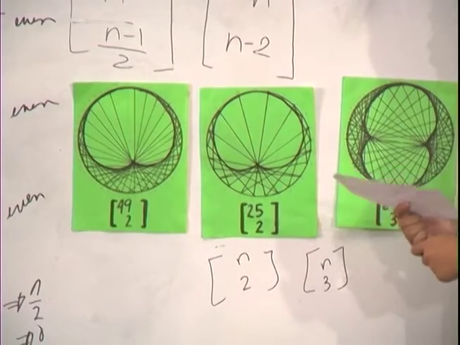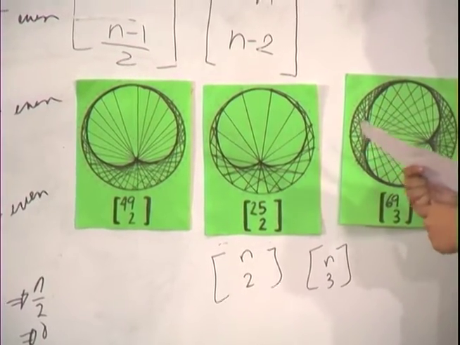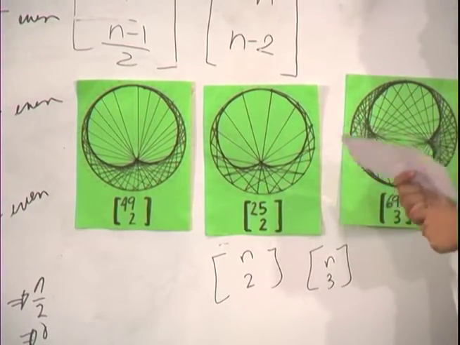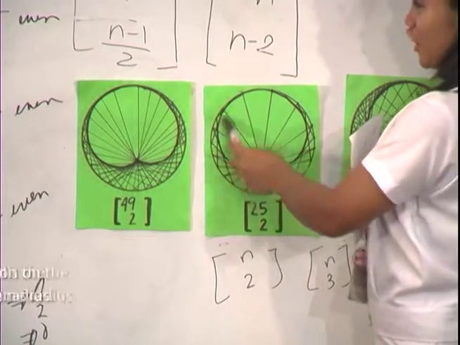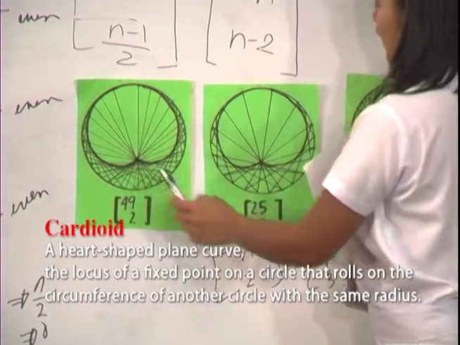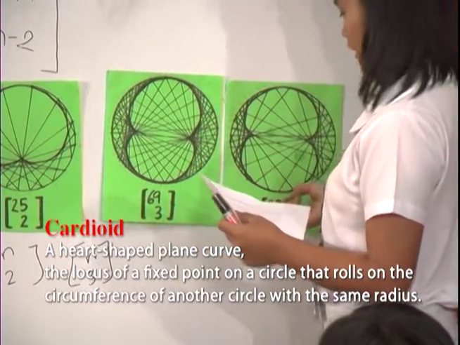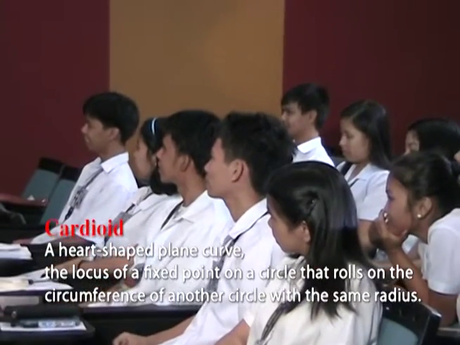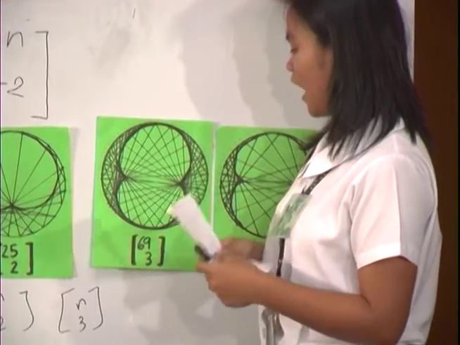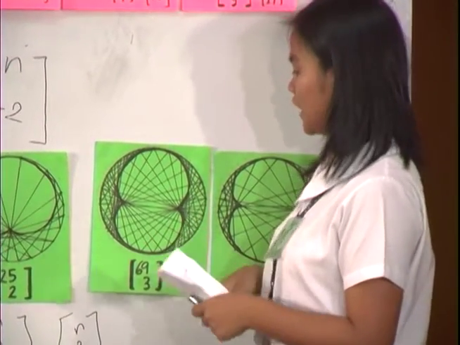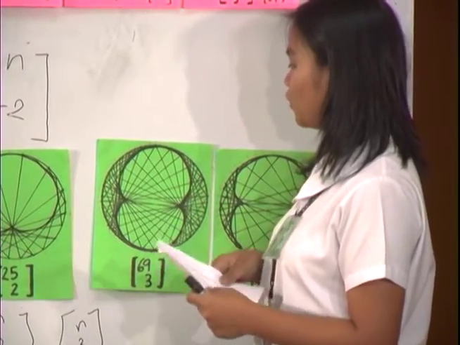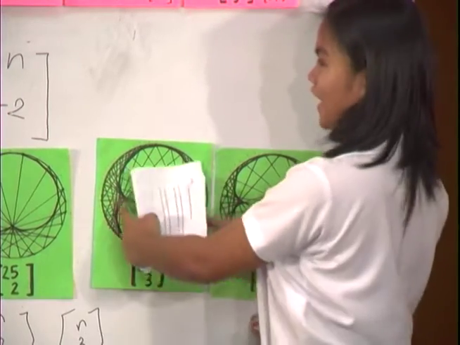So after graphing, we found out that the graph of n with factor 2 is cardioid. While in the second case, we let n as 69 and 43. After graphing, we found out that the graph of n with factor 3 is something that looks like two hearts that are combined.